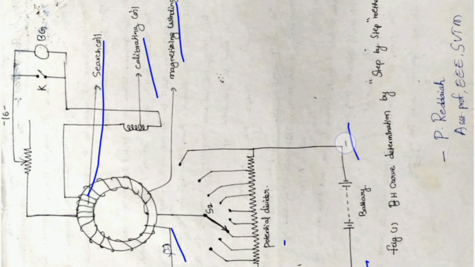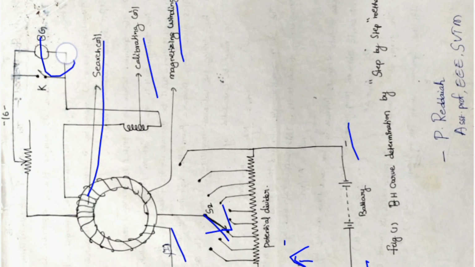When switch S1 is closed and the ammeter is connected, to close and open we are using the switch; the DC supply will be disconnected and connected. S2 is the switch we are using to vary the potential divider arrangement. Here we are using a number of steps, hence it is known as the step-by-step method. By the step-by-step method we increase the magnetizing current I through the magnetizing winding, hence the search coil measures different magnetic flux directly.